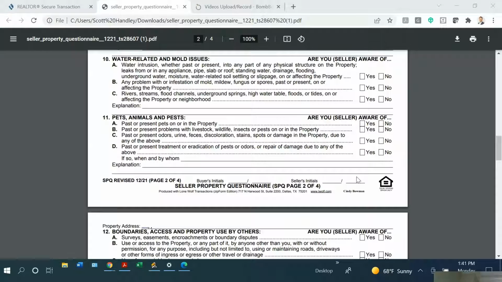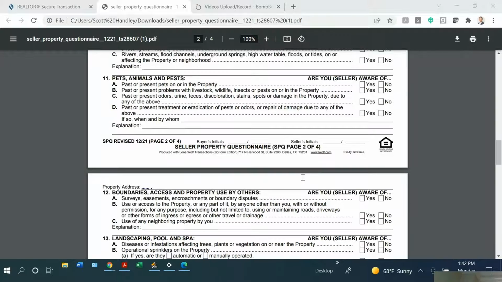So the last one on page 2, at the bottom here: pets, animals, and pests. Past or present pets on the property, yes or no? Very common. If it's a dog, a cat, whatever it may be, you'll just have to explain it here, or explain it down here. 11B, past or present problems with livestock, wildlife, insects, or pests on the property, yes or no?